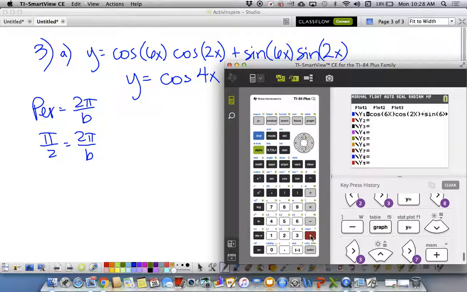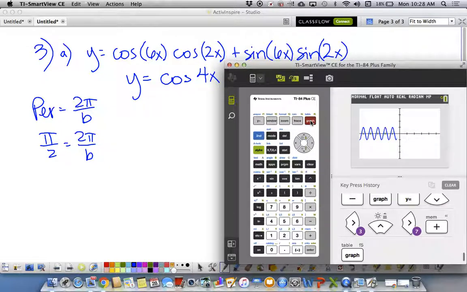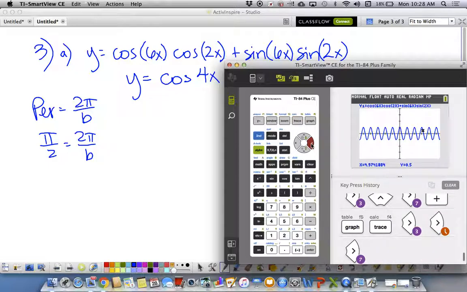I'll put that plus back there and say graph. And then I trace it until I find 2 pi. And say how many times does it repeat. I can literally see 1, 2, 3, 4. And that gives me that 4.